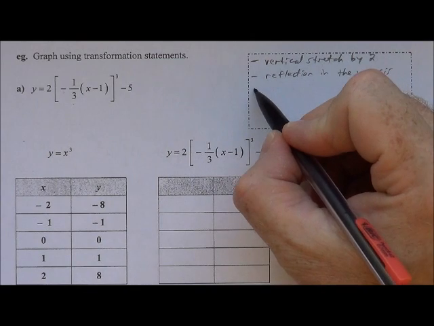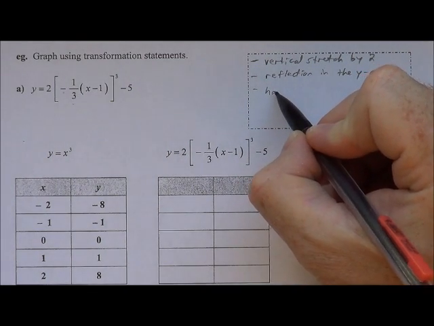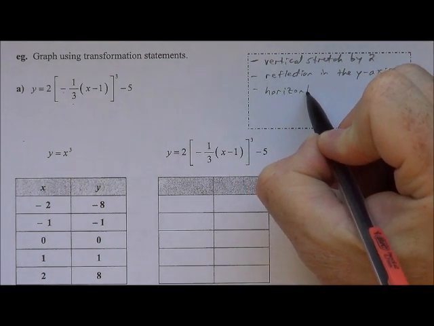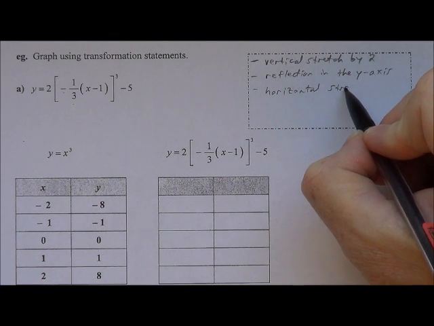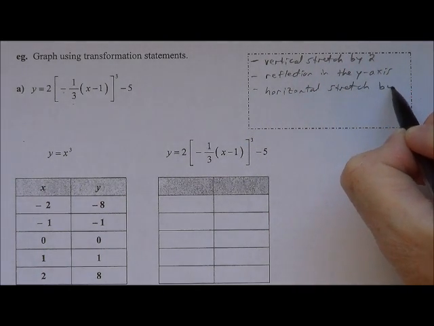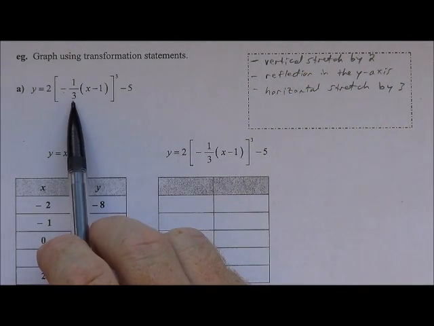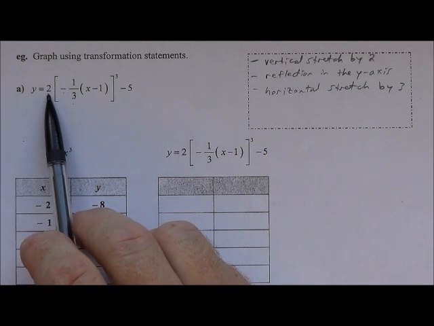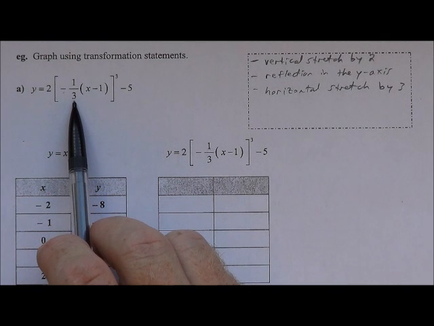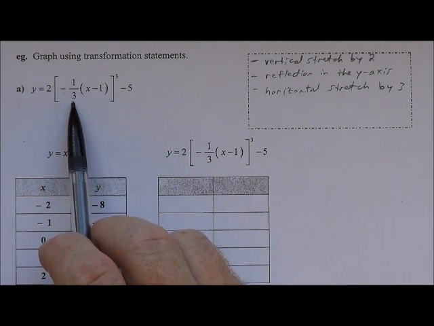Then this next thing is a horizontal stretch by 3, okay, because that's the opposite of what you think. With the vertical you multiply by that factor, but in this case you divide by that, which when you divide by a fraction you flip and multiply, so that's why it's a horizontal stretch by 3.